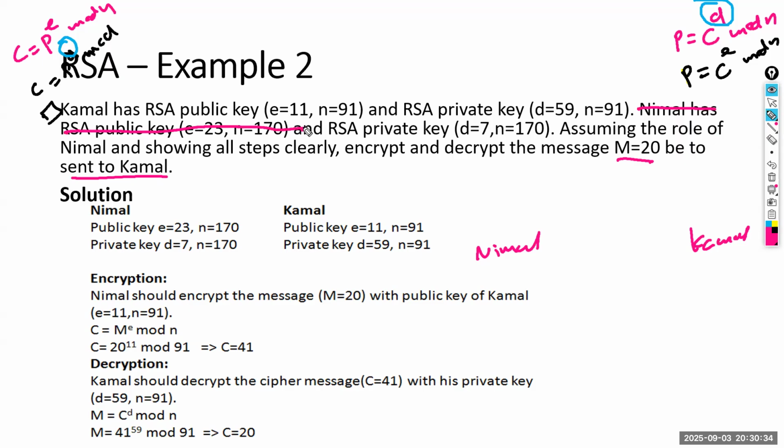The examiners put them just to confuse you, because if it is encryption decryption, the keys are generated by the receiver. The receiver is Kamal. Because it clearly says, assuming the role of Nimal and showing all the steps clearly, encrypt and decrypt the message to be sent to Kamal. So Nimal to Kamal. Then keys are generated by Kamal.